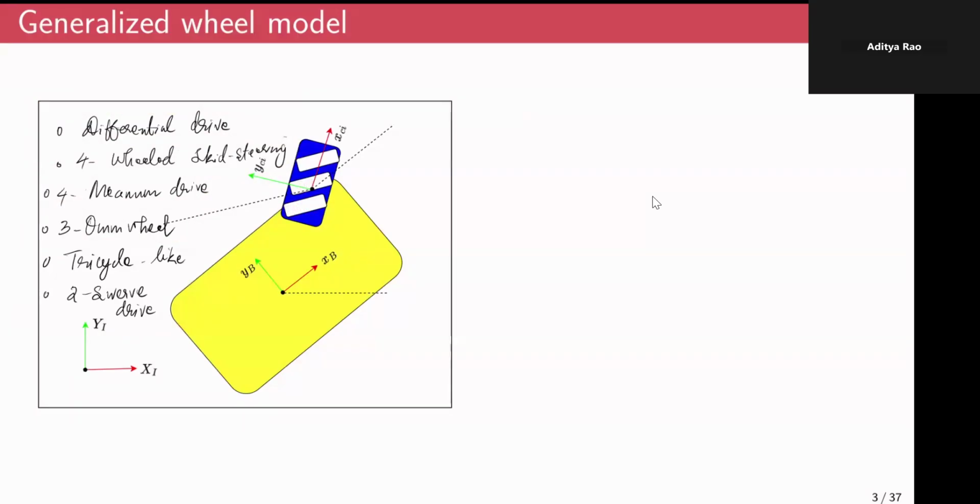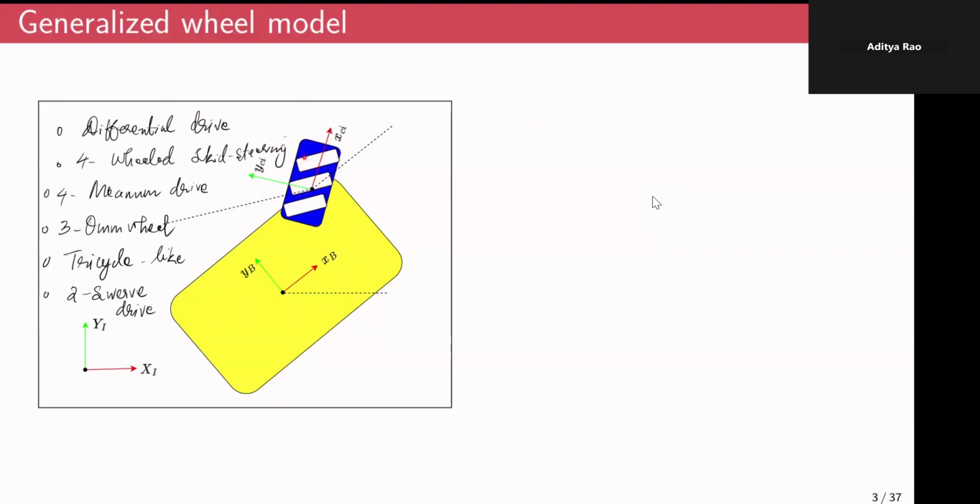If you consider this as a typical wheel of a robot, I've depicted a single wheel. On the periphery of these wheels, you have these passive rollers throughout. They could be of different configurations, aligned at different angles.